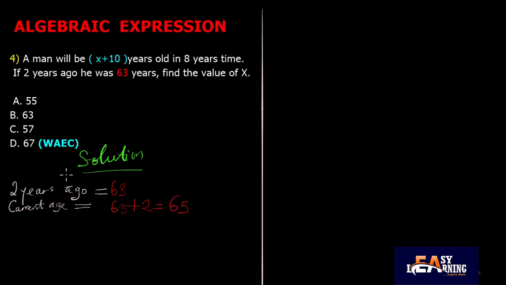Now in 8 years time, it's going to be what? In 8 years time, what we are going to have will be his current age plus 8 years to come. His current age is 65.